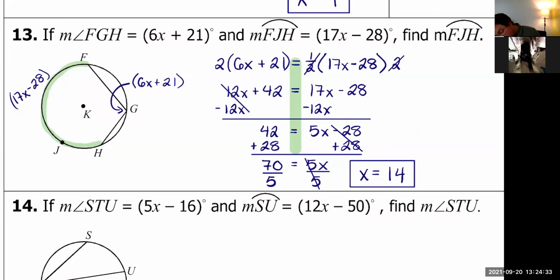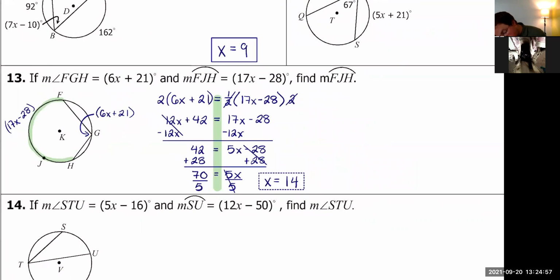And then don't mind me while I pretty up my work. Now, oops, I shouldn't have actually boxed it in all permanent like that. x equals 14 was merely the tool we needed to get to our actual answer because we're looking for the measure of arc FJH.